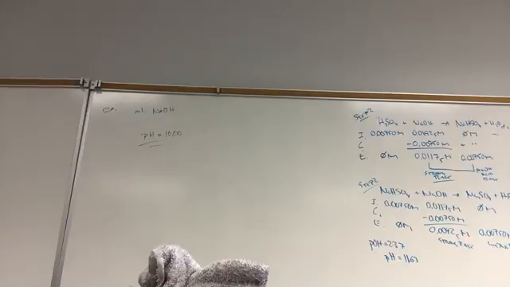Okay, and so the first thing I have to figure out is where am I? Am I at the first equivalence point, at the second equivalence point, between the first and second, or past the second equivalence point? Where am I? That I have to figure out. If I'm not sure, I'd have to calculate where the second equivalence point is.